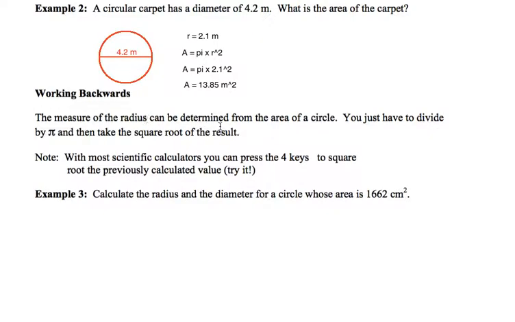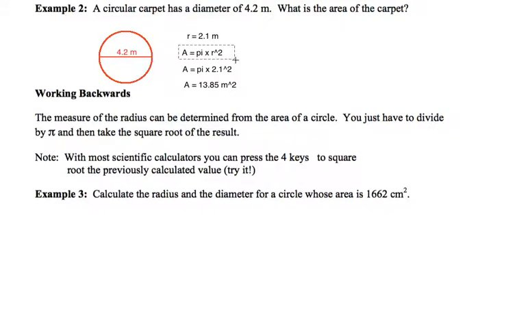It says the measure of the radius can be determined from the area. Just have to divide by pi and then take the square root. Really, all that means is use the formula, substitute what you know, and solve for your variable. So here it says, calculate the radius and the diameter for a circle whose area is 1,662 centimeters squared. Again, what formula am I going to use?